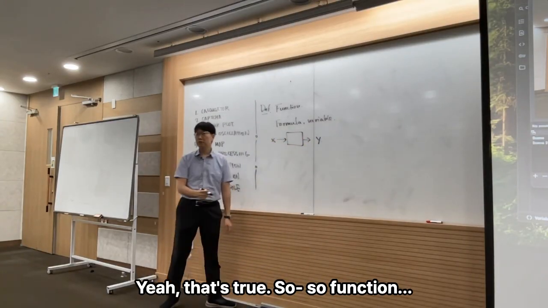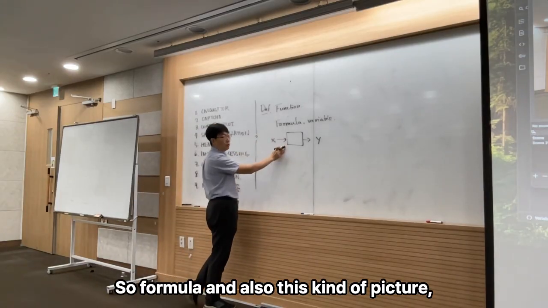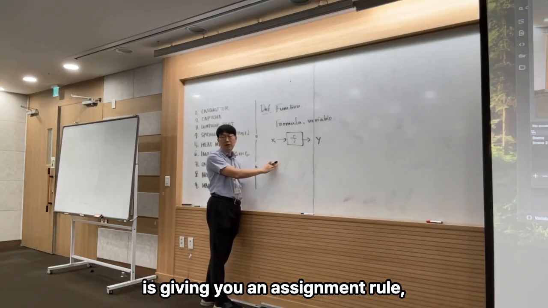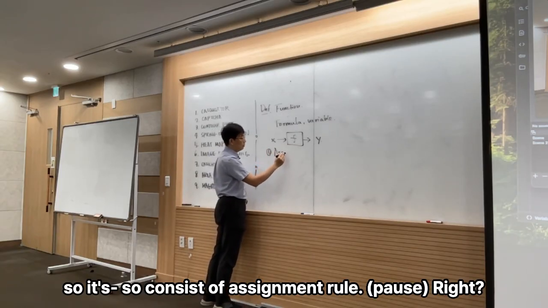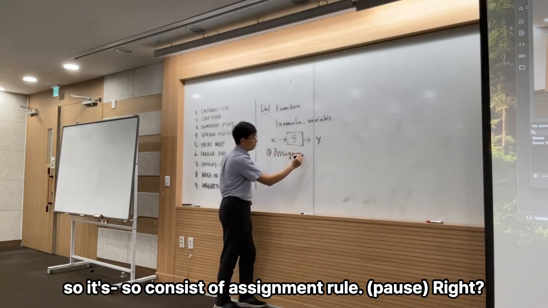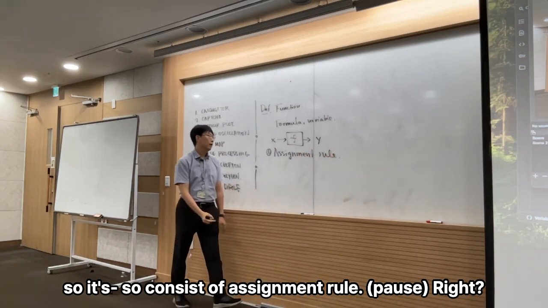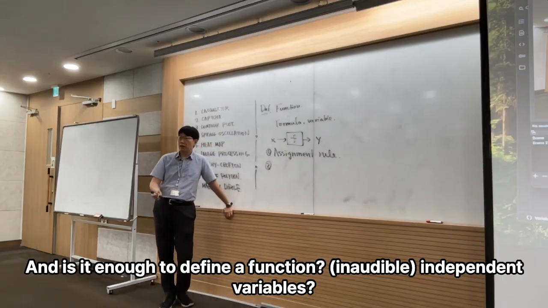Right? Yeah, that's true. So a function, so formula and also this kind of picture, let's say function f, is giving you an assignment rule. So it consists of an assignment rule. And is it enough to define a function?